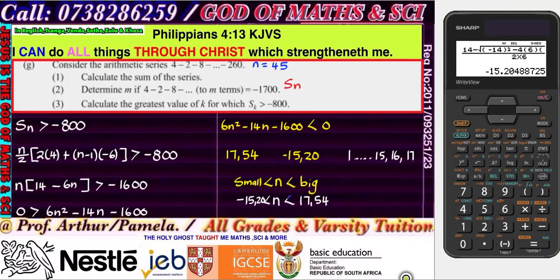So if we ignore this part and we read the other one, it says n is greater than negative 15,20. So a number greater than negative 15,20. Well, it was going to be negative, because you are not moving to the left, you're moving to the right.